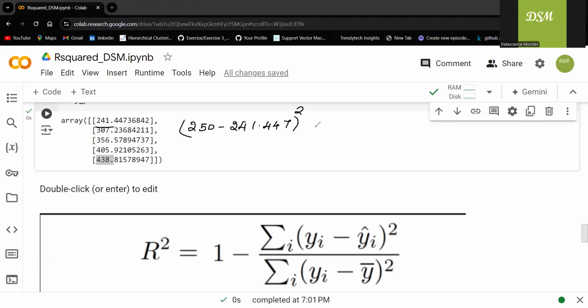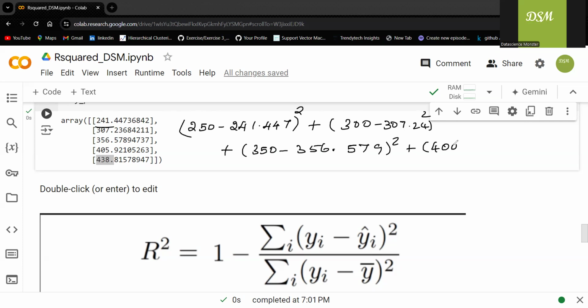The whole square plus 300 minus 307.24, the whole square plus 350 minus 356.579, the whole square plus 400 minus 405.92, the whole square plus 450 minus 438.8 the whole square. Right? Everyone, please try to calculate this value and let me know what you get now.